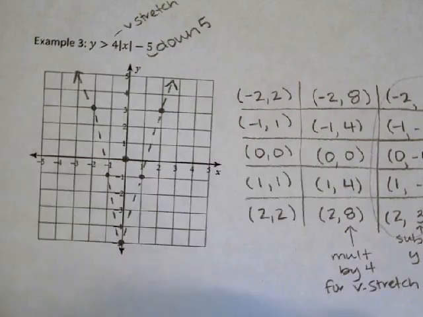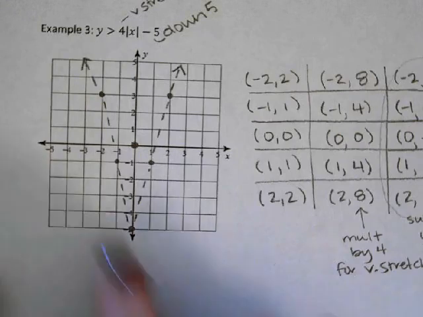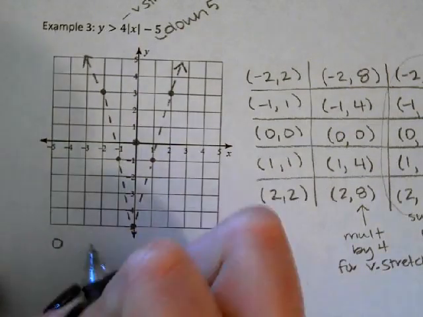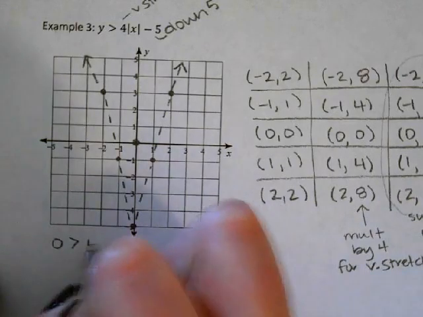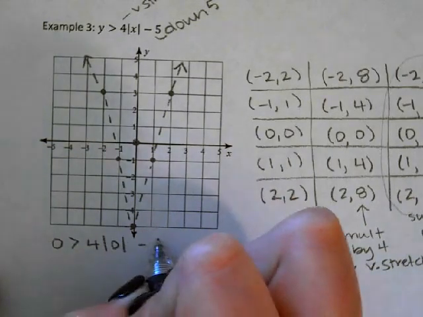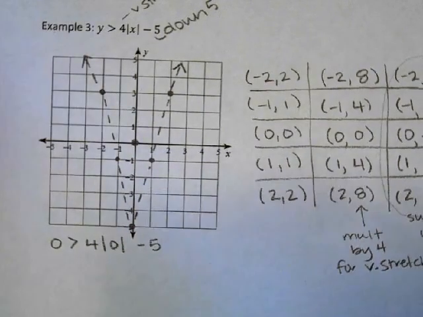So 0, 0 is on the inside. And then we're going to say 0 is greater than 4 times the absolute value of 0 minus 5. Does anyone remember what the absolute value sign does to a number that's inside of it? It removes whatever negative sign could be in there with it.